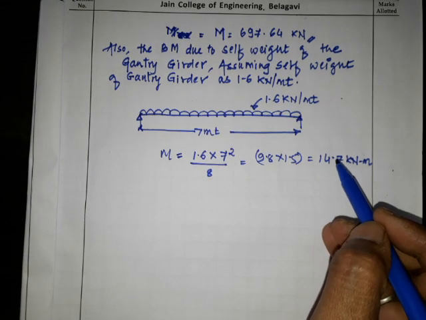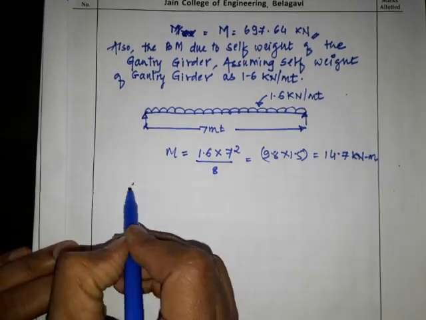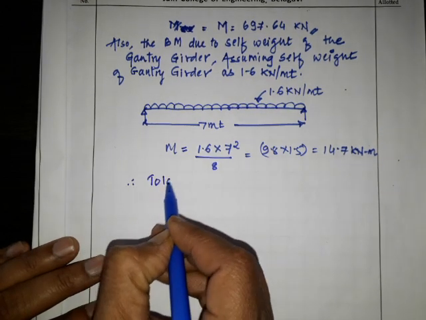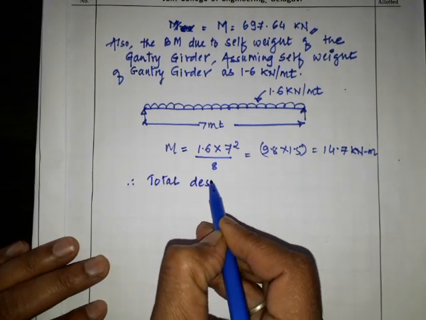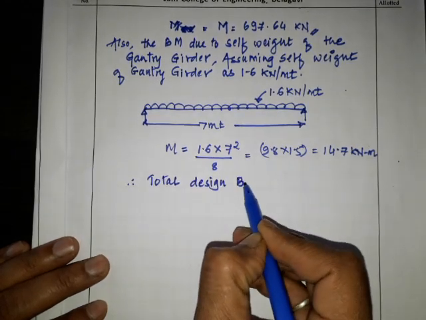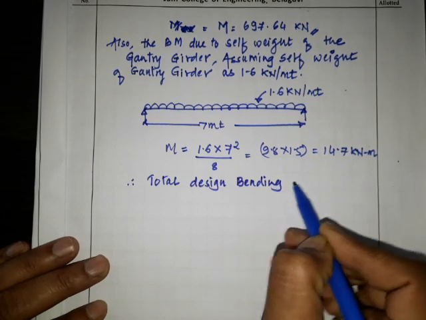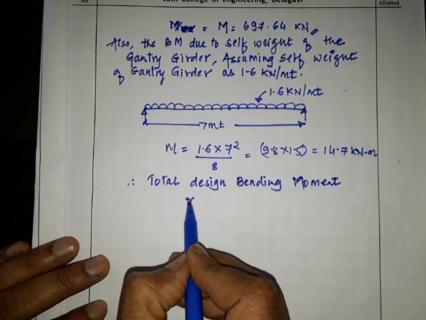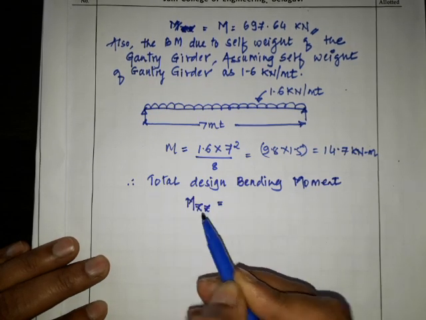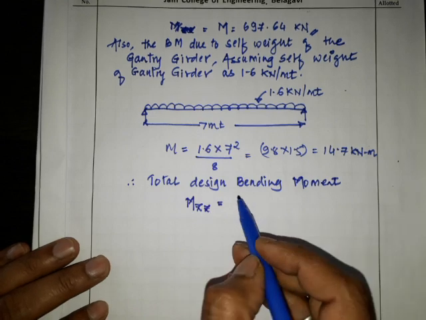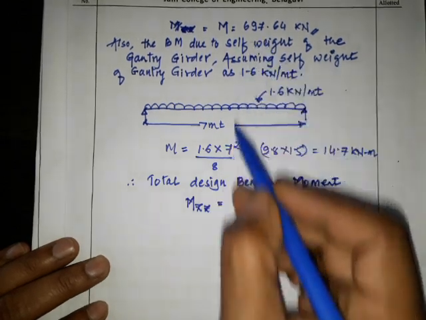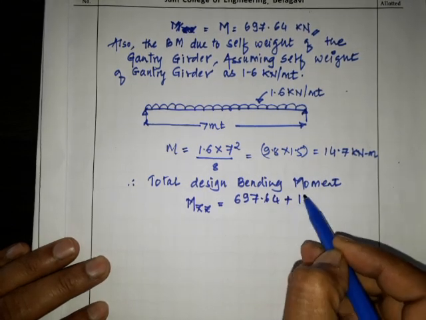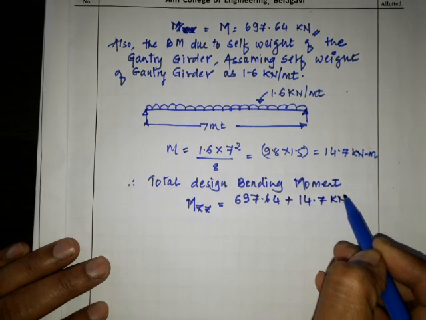So therefore, the total design bending moment MZZ will be 697.64 plus 14.7 kilonewton meter.